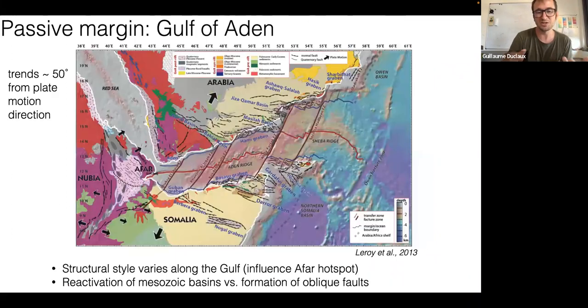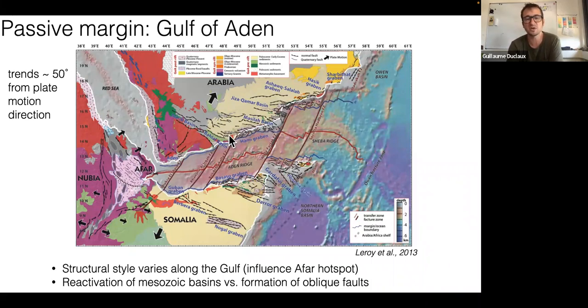If we look at a more evolved system, we take the Gulf of Aden, for example. It's another very nice example of oblique rifting, where the trend of the basin here is oriented at about 50 or 45 degrees from the plate motion direction. You've got a structural style that varies along the Gulf of Aden, probably because if you go far away from the IAIFR depression here, you will have less influence of the IAIFR hotspot.